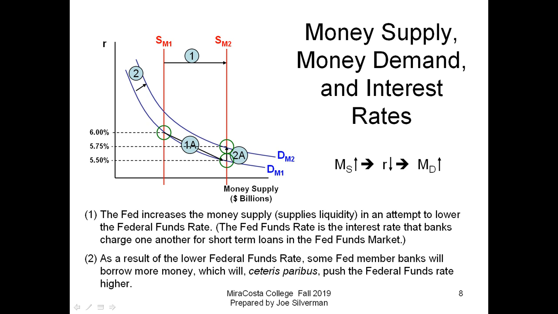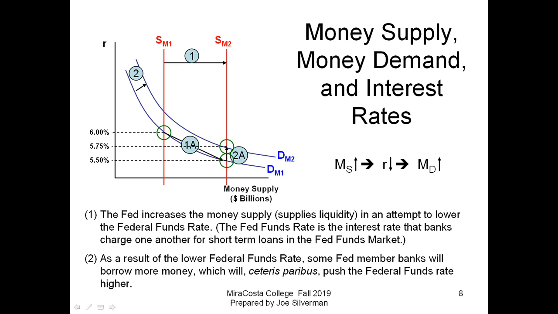In other words, banks in the Fed funds market might find it advantageous to borrow more at this interest rate, and so the demand for money might shift to the right, and the interest rate might settle out over here at 5.75%.